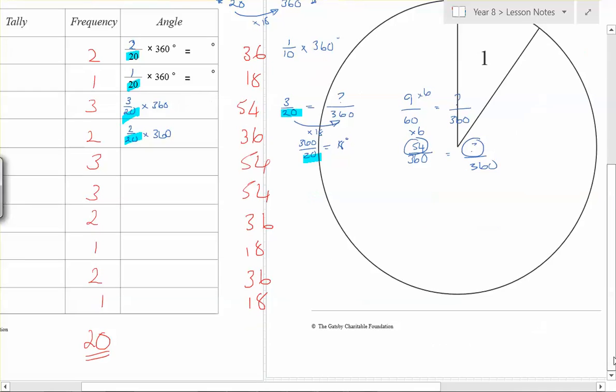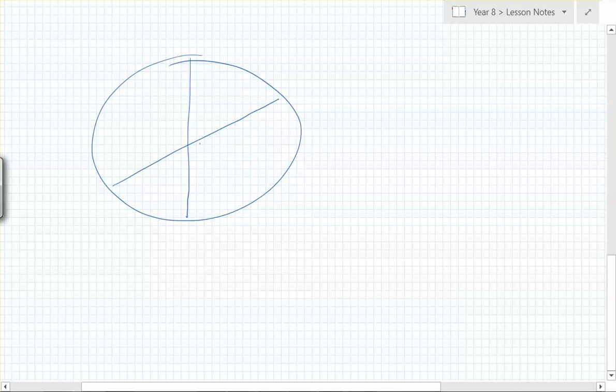So, for instance, let's say we've got a pie chart, and we have sections like this, and I tell you that this is 30 degrees, and it's people that like cake, and there are 27 people like cake, and then I tell you this one is 120 degrees, that like crisps, and I say how many people like crisps.